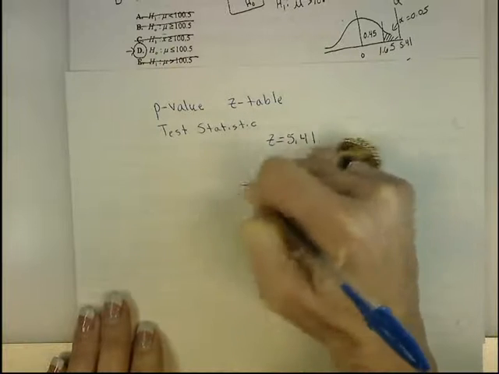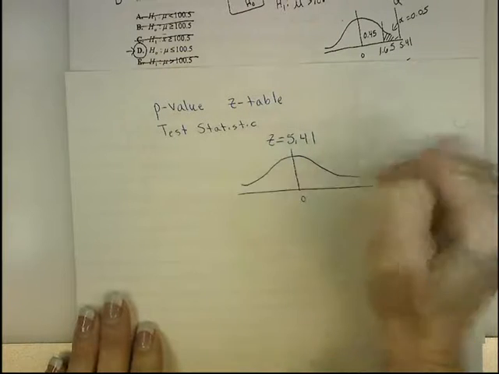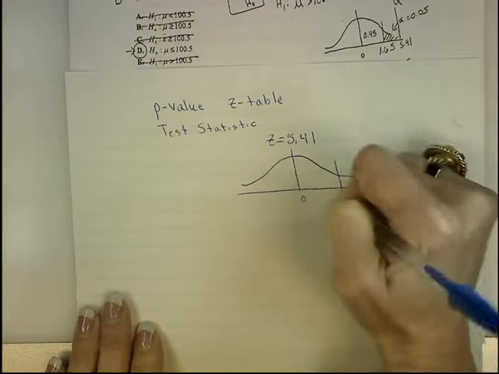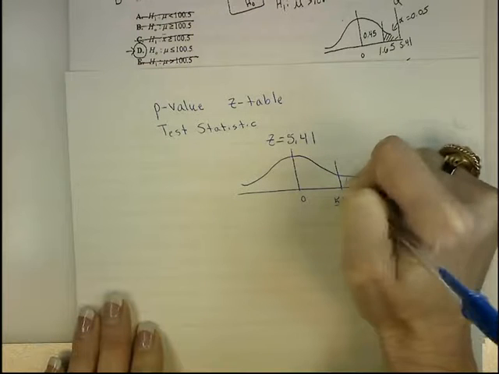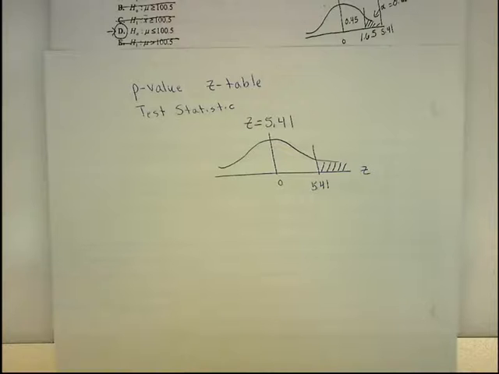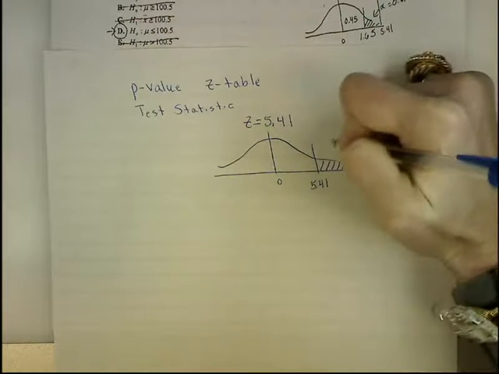We take our z-axis, our bell-shaped curve, and we put our 5.41 on the axis. That's a really large z-score test statistic. Since this is a right-tailed z-test, we only have to find the area in the right tail designated by the test statistic of 5.41, and this area is the p-value for this problem.